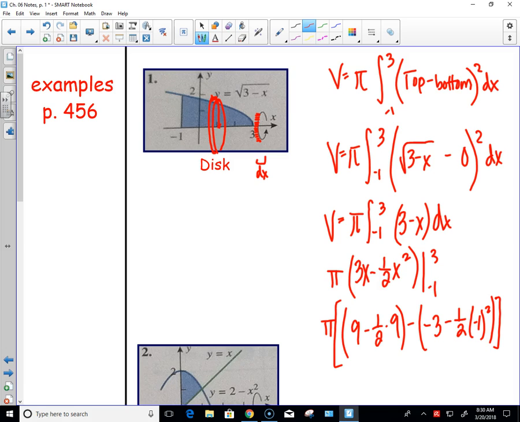But if it was a multiple choice answer, we'd have to do 9 plus 3 is 12, minus 9/2, plus 1/2, that'd be minus 8/2, which would be minus 4. 12 minus 4 is 8 pi. Good.